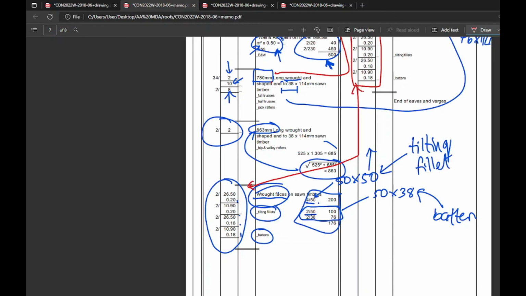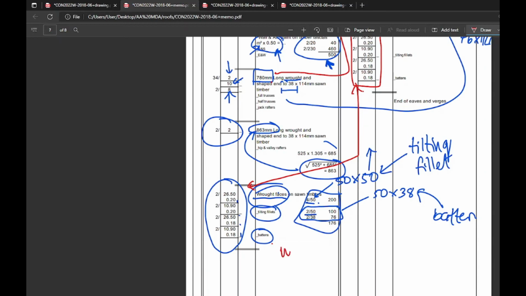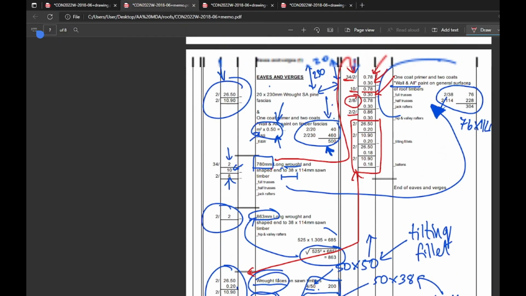Okay. So what we've done on this page is we basically said what is exposed. Okay. Then I'd say, how is it treated, or how is it finished? And that, just 2 questions, is a whole page of work.